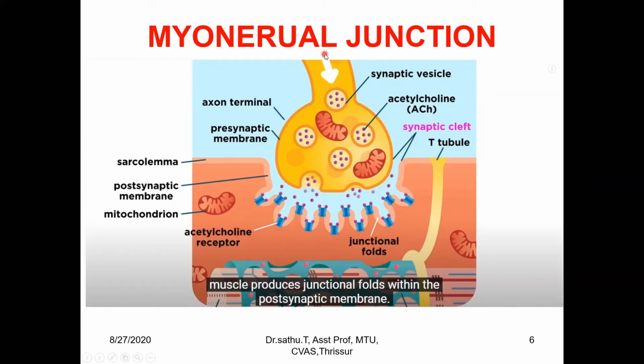When the nervous impulse or nerve stimulation reaches the axon terminal, the acetylcholine will be released from the synaptic vesicles. You can see here the acetylcholine, this small pink dot, is symbolic of the acetylcholine.